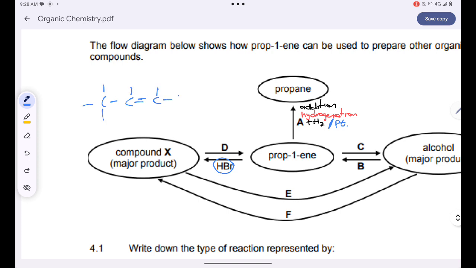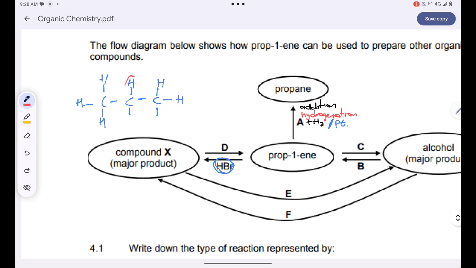Remember that our propyne was like this. Whenever we add this hydrogen halide, we separate this bond to create other bonds there. Markovnikov's rule tells us that in an addition reaction, hydrogen will be attracted to the carbon that has the highest number of hydrogens.